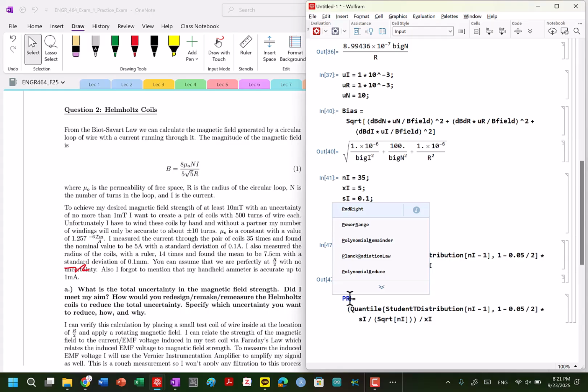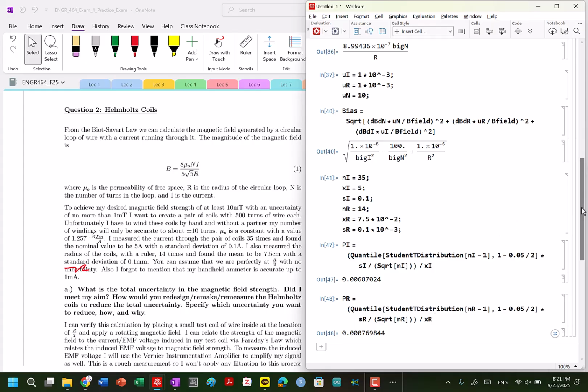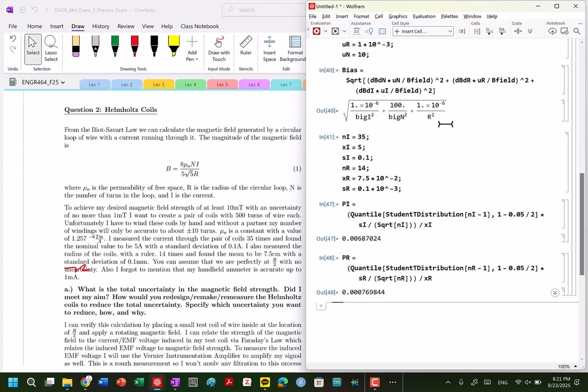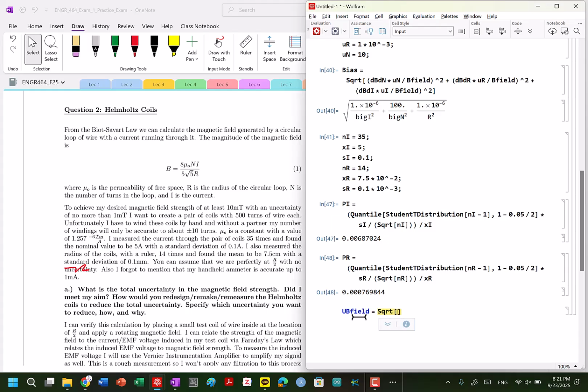For our radius, all we're going to do is change this: R times SR divided by NR. And then here we go. Fantastic. So that's the precision error. And now we can go ahead and say my total uncertainty, U, or U B field, is going to be equal to the square root of Pi squared plus PR squared plus my bias squared.